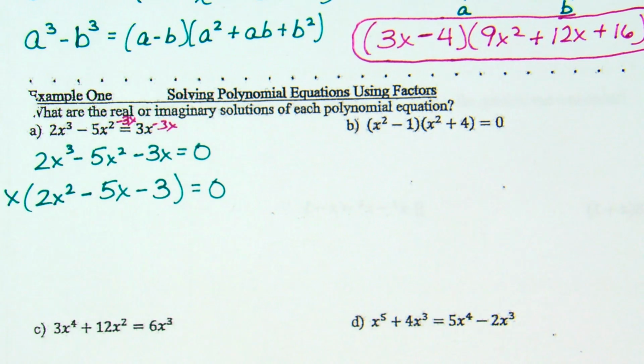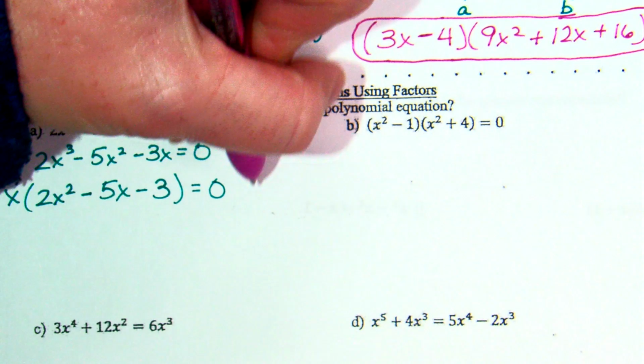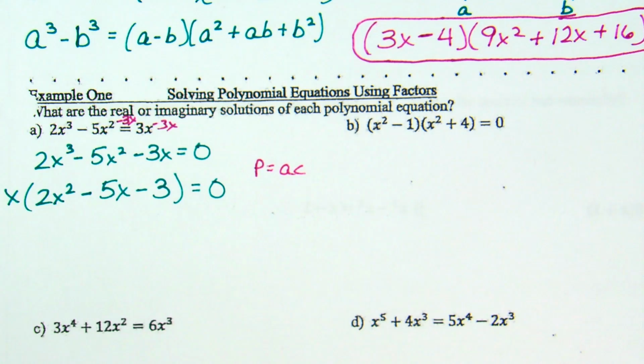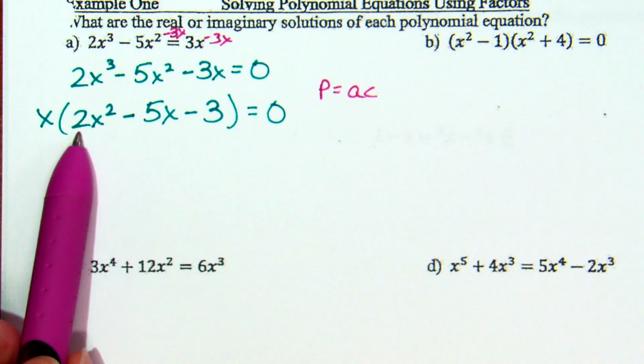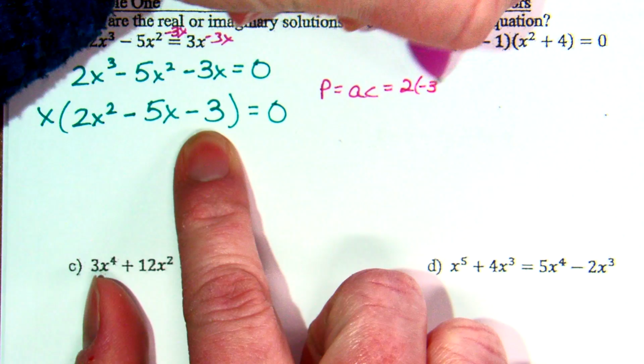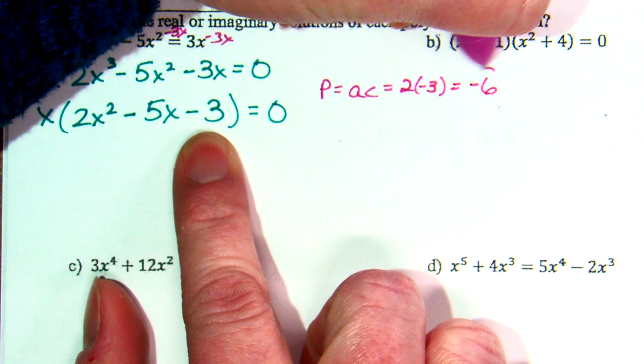Product of AC? Okay. That's exactly what we're going to talk about here is product of AC. What are my A and C values if we're doing product of AC? 2 and negative 3. And 2 times negative 3 is negative 6.